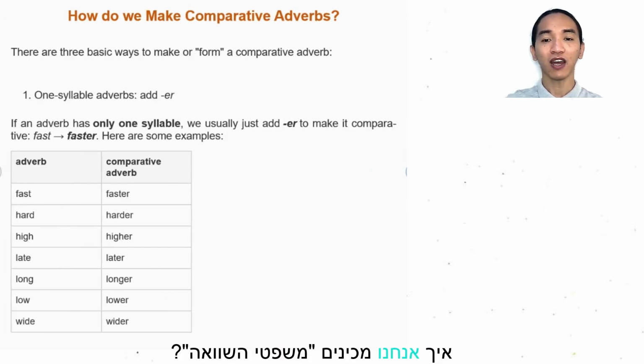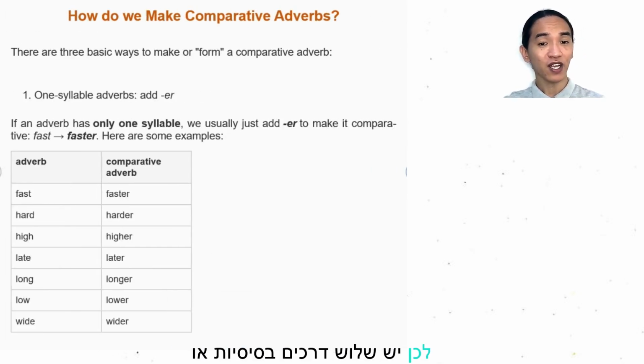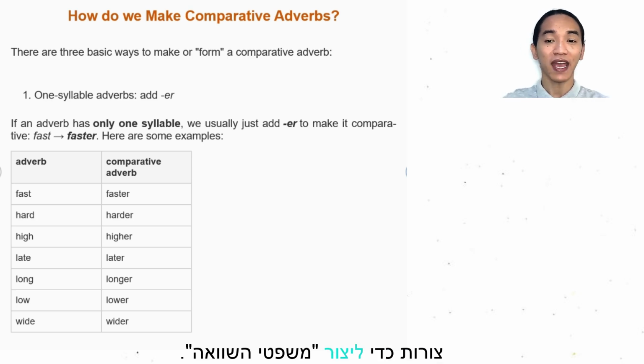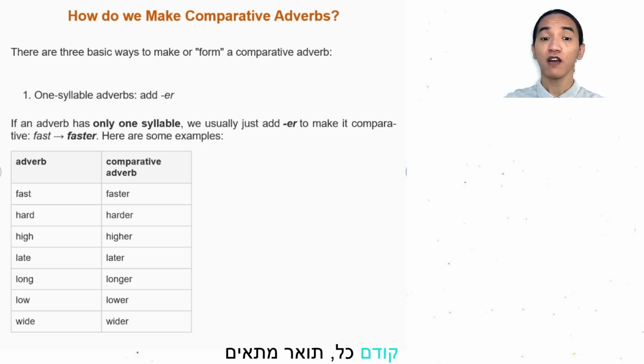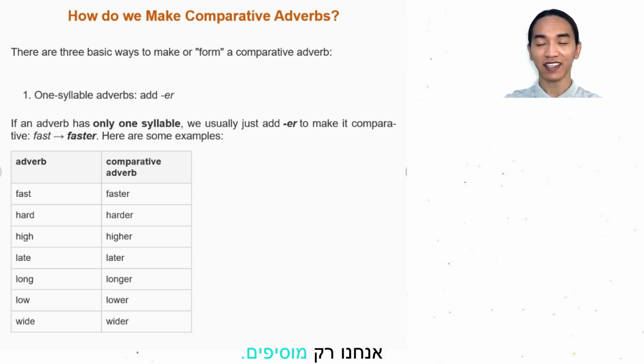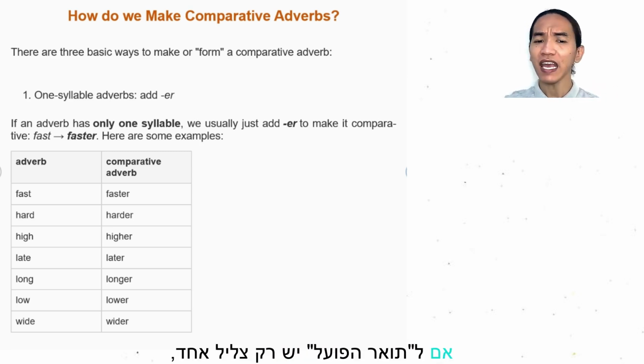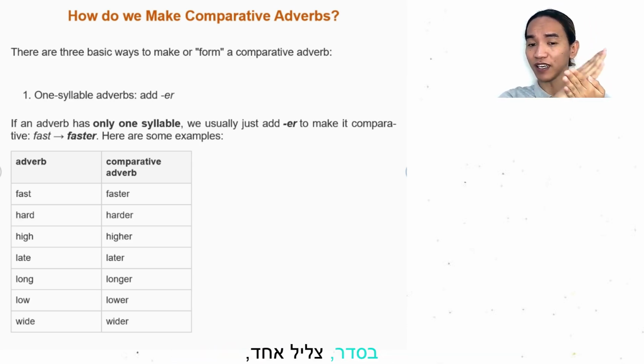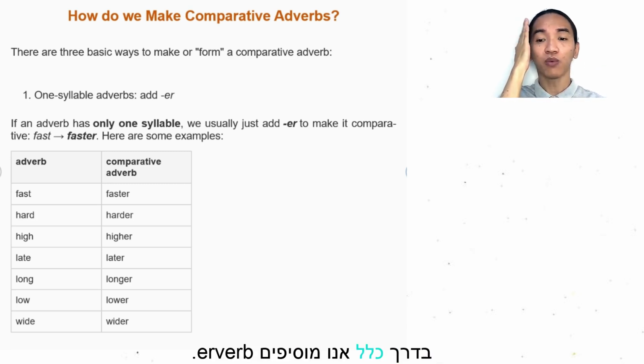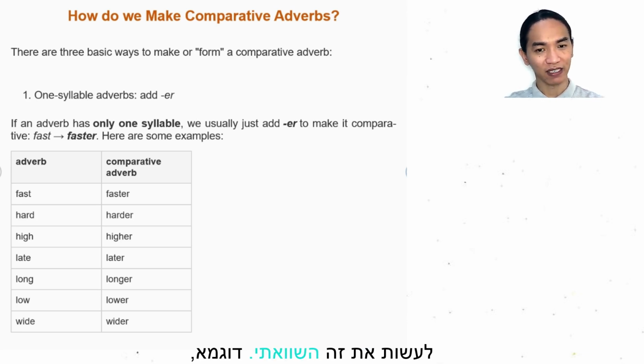Now, how do we make comparative adverbs? So there are three basic ways to form a comparative adverb. First of all, one syllable adverb, we just add er. So this is similar to our adjectives. If an adverb has only one syllable, okay, one sound, we usually add er to make it comparative.